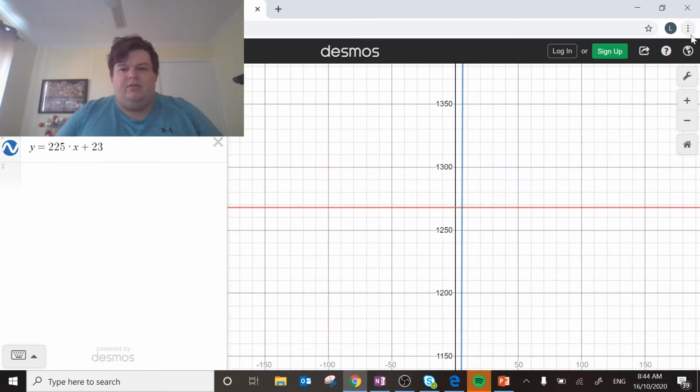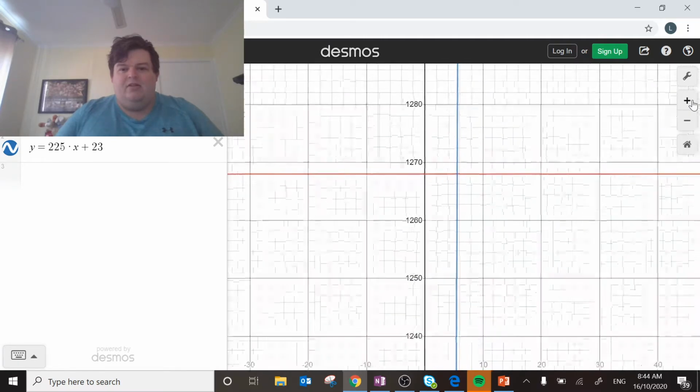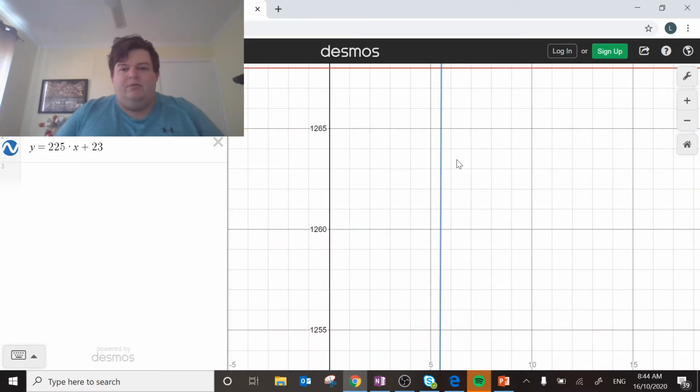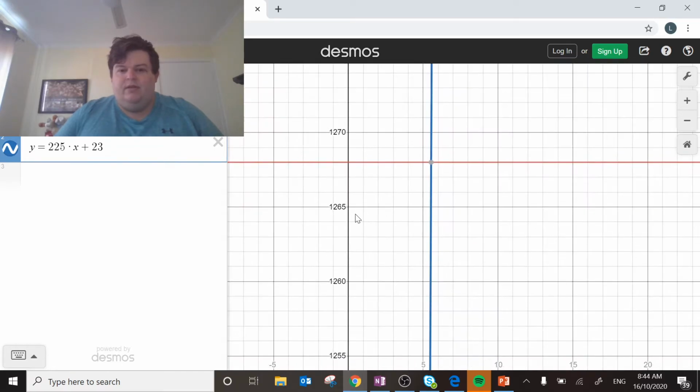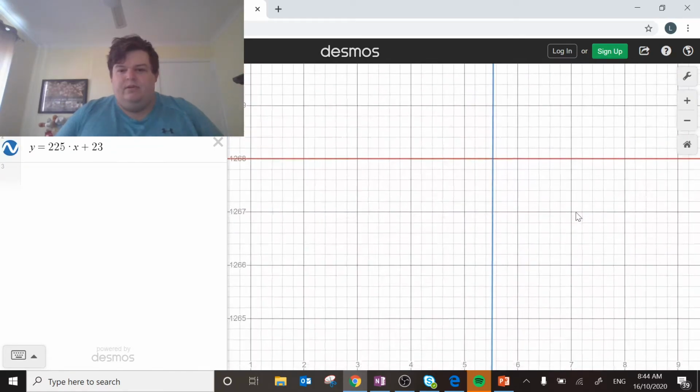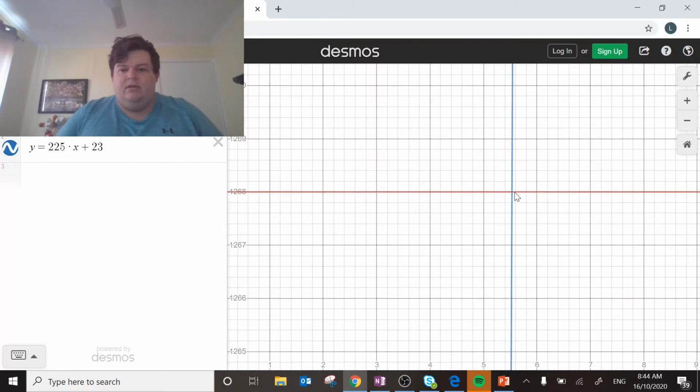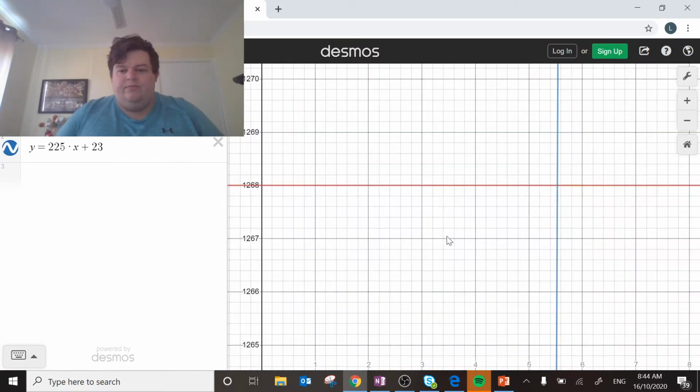Okay, yeah, that's not quite a straight line. So the key is here. You want to be looking at where this is crossing over. Okay, so I zoom right in here. At this point here, so this is 1268.